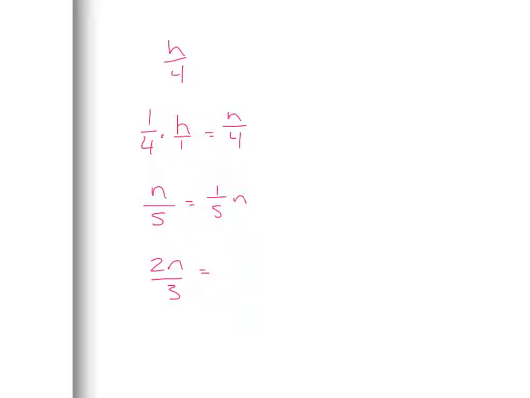So I have 1 over 3 times 2n, but can I go ahead and break out that 2 as well? So I can just slide this multiplication of 2 over here onto my fraction. Same idea. All right. Okay.